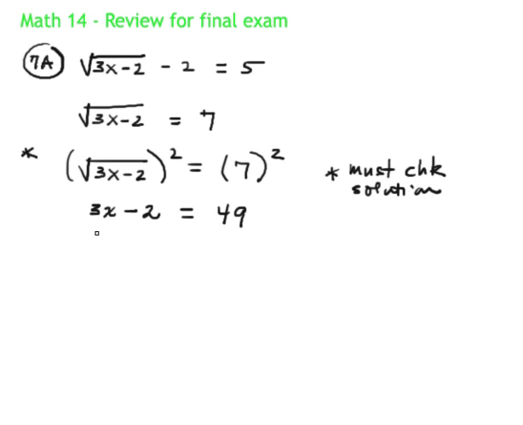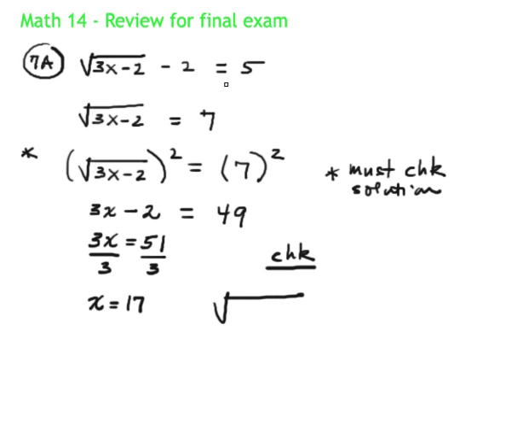So add 2 to both sides, and we have 3x is equal to 51. And let's divide by 3. And we have x is equal to 17. Okay, so here's our check now. We have the square root, check back into the original. 3 times 17 minus 2.